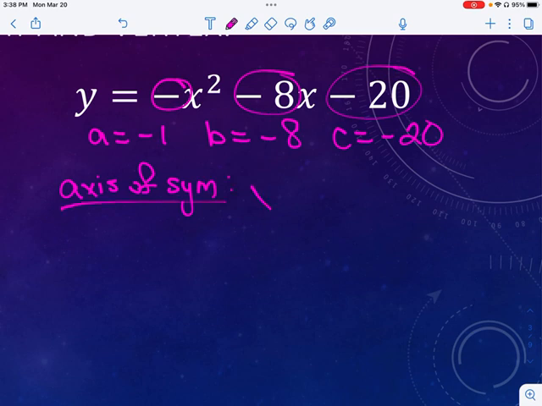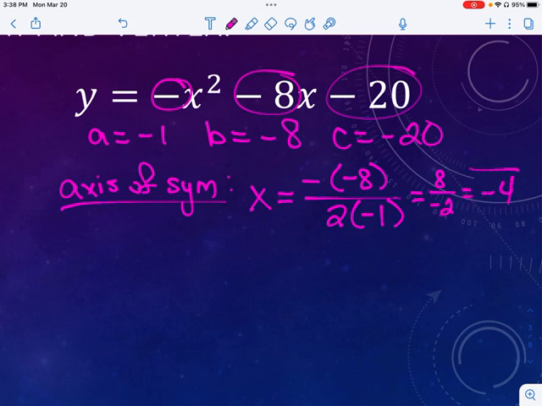So when we do that, we have x equals negative of b over 2 times a. B is a negative 8, a is a negative 1. So negative of a negative 8 turns it positive. 2 times negative 1 is a negative 2. And we get an axis of symmetry, x equals negative 4.